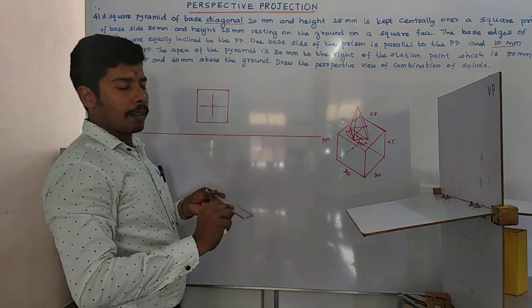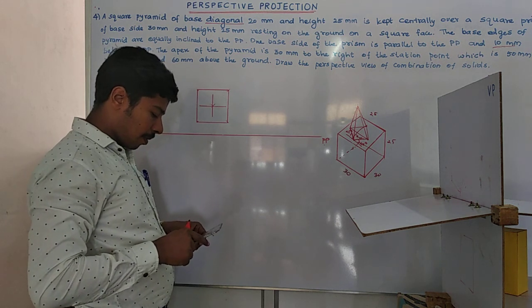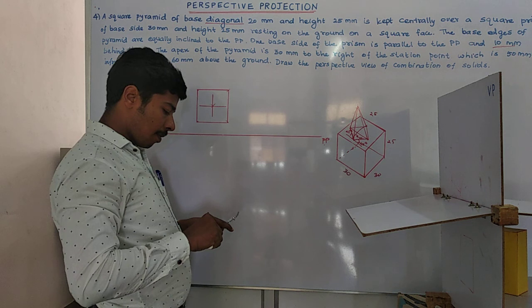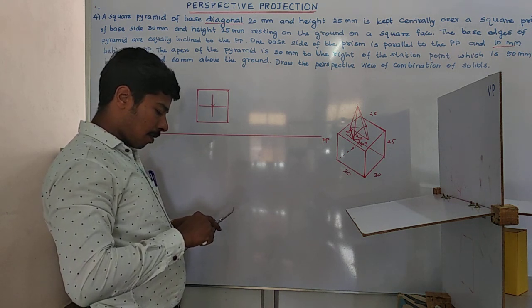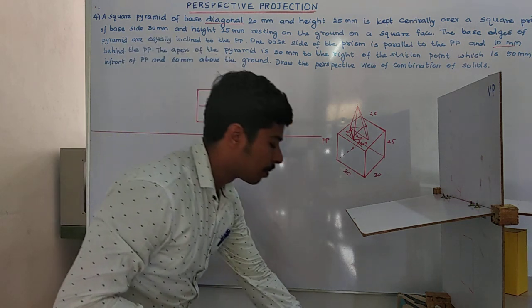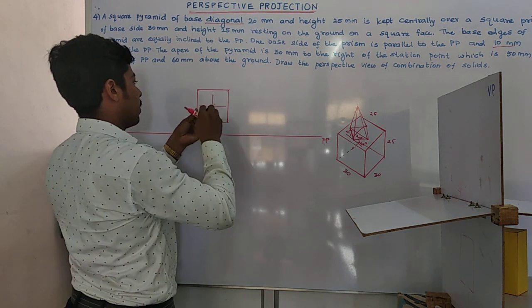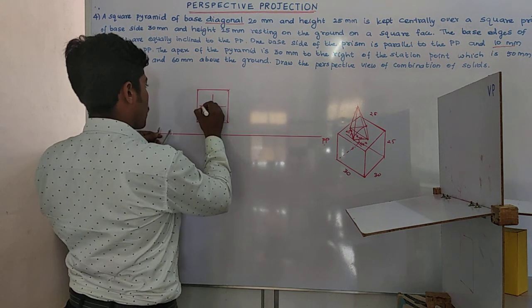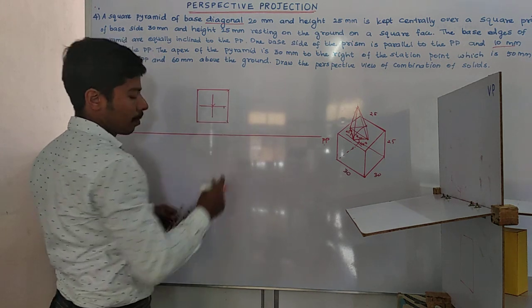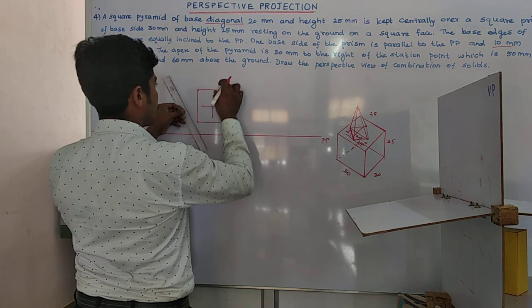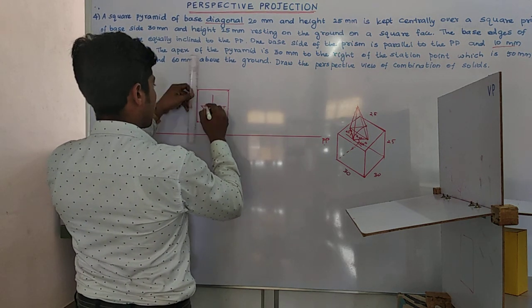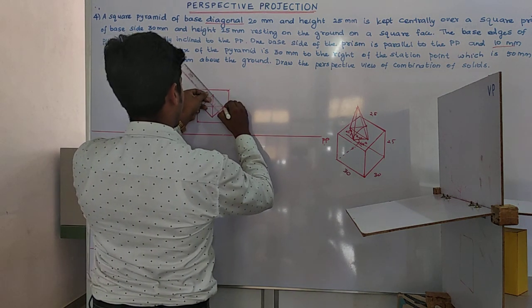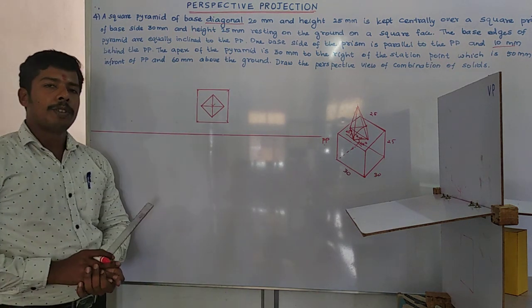So measure 20, which means divide by 2 and take 10 mm. Now the top view is complete, right?